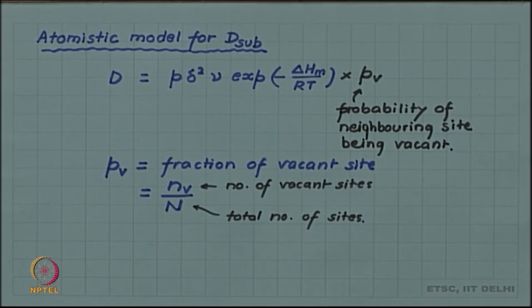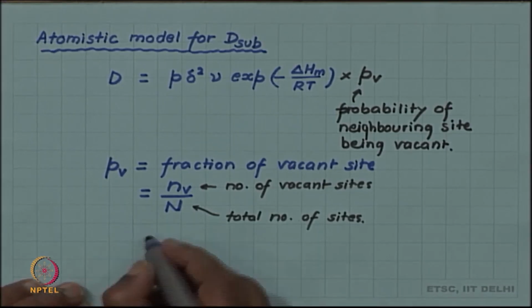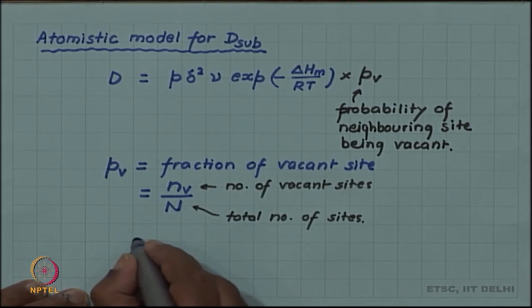So, n v by n, but we have already developed a formulation for this when we were discussing defects and we considered vacancy.